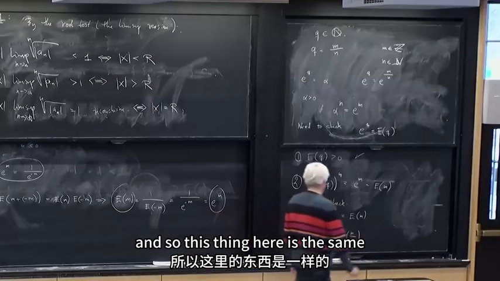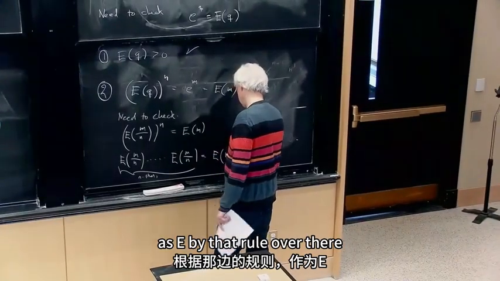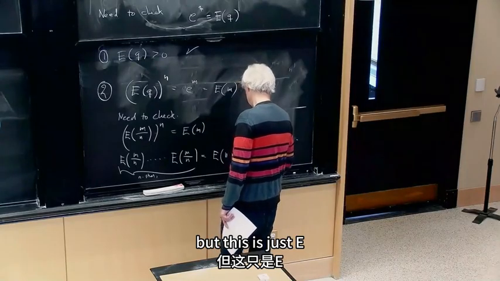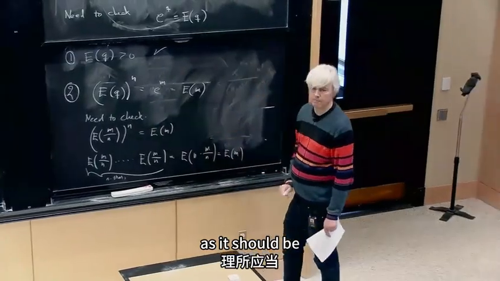So this is the same as E of n times m over n, but this is just E of m, as it should be.